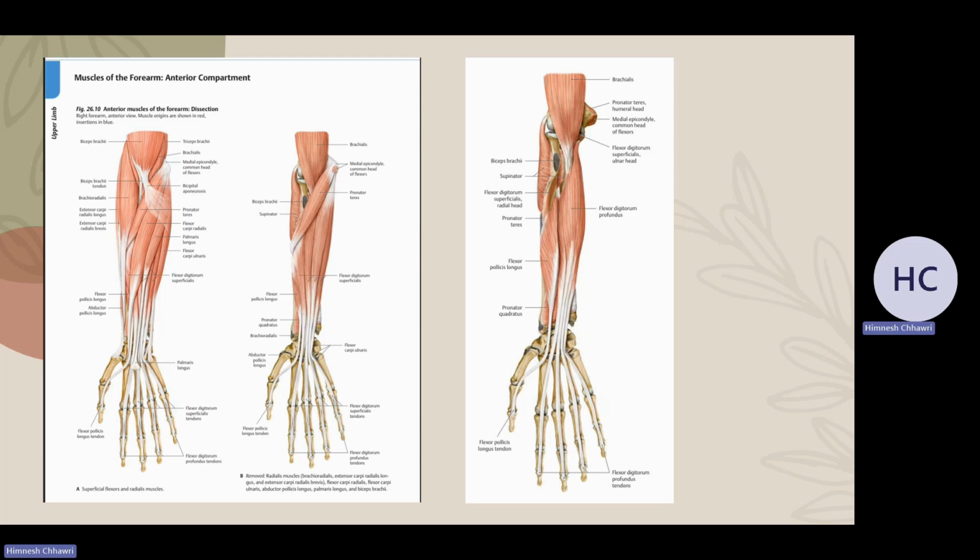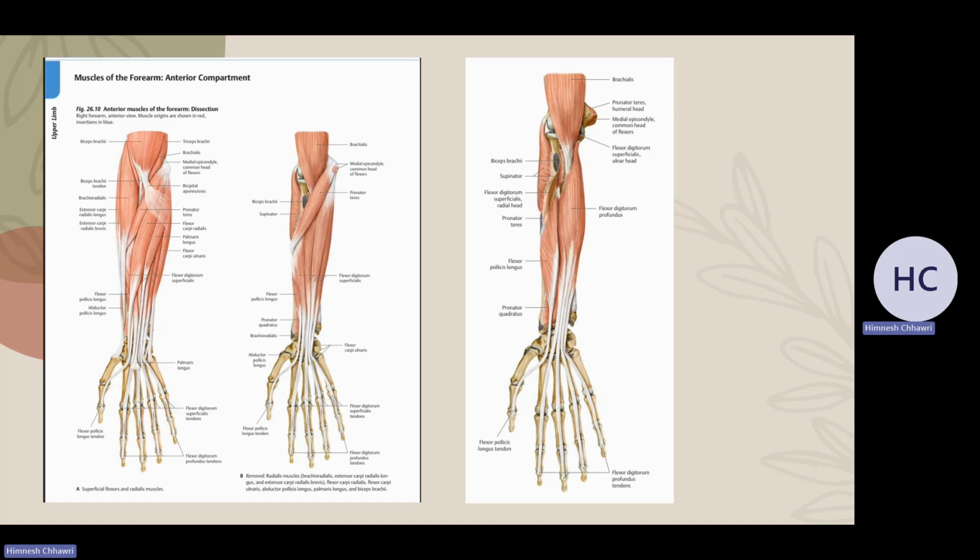First, we talk about the flexor digitorum profundus. Profundus does not directly translate into deep, but since it is superficialis in the middle layer, we can say that profundus is deep. Easy to remember, but don't tell the professor profundus means deep, because the direct translation from Latin to English is not deep. It originates from the ulna and interosseous membrane, and inserts into the distal phalanx of the second to fifth digit.